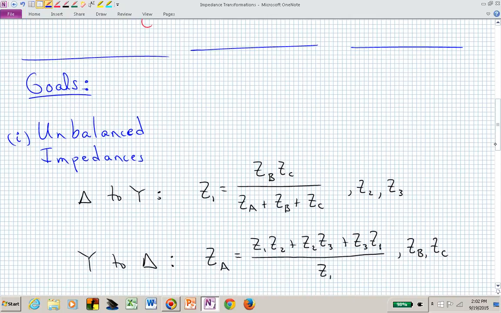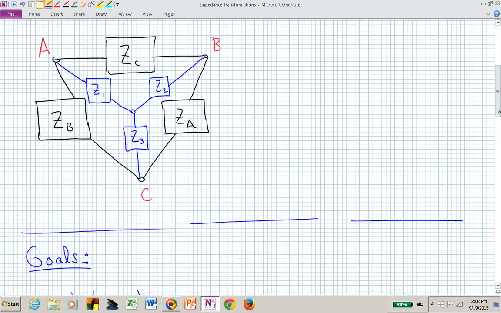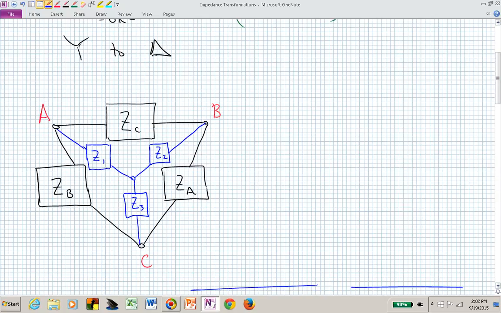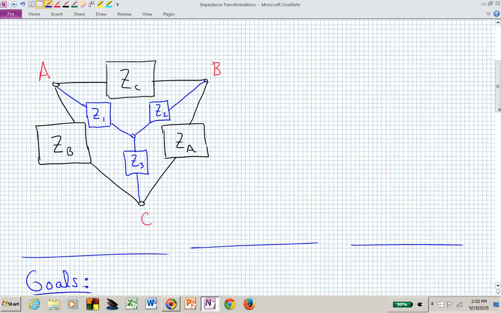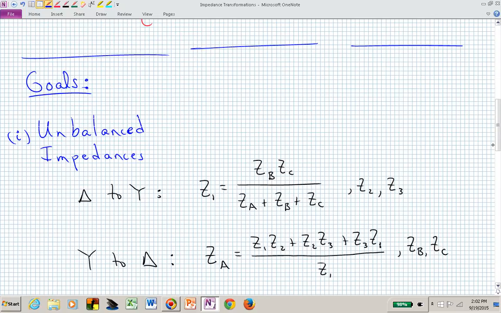If we were going from Y to delta, it's just a little different, but not too much different. Now if you look at Z sub A in the delta, the terminal opposite to it is the A terminal, and that A terminal touches Z sub 1 in the Y configuration, and that's the impedance that we actually divide into this sum of pairwise products of Z1, Z2, and Z sub 3.